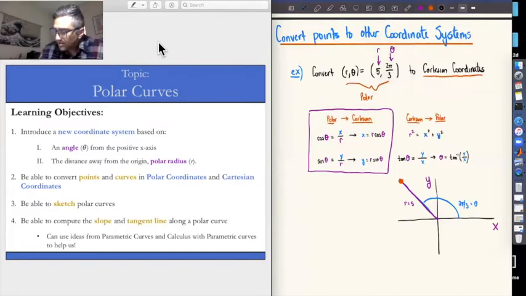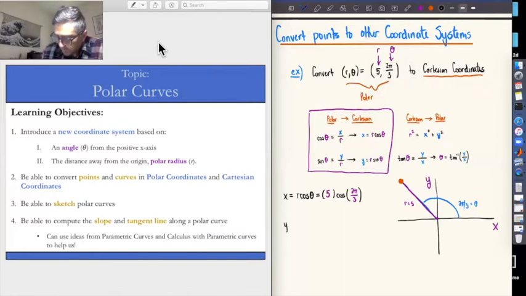All right, so let's start using our translation equations. We have x is equal to r cosine of theta. So we can just plug in what we know. r is equal to 5, and theta here is equal to 2 pi over 3. So that is our x value.